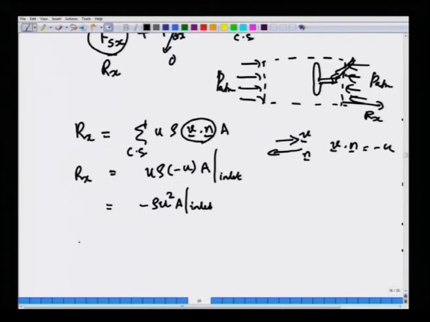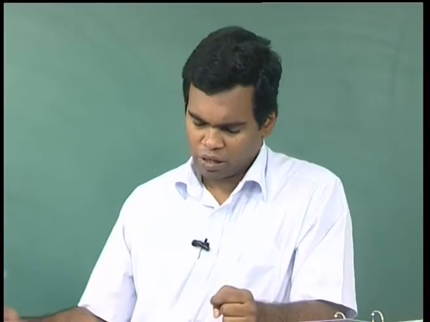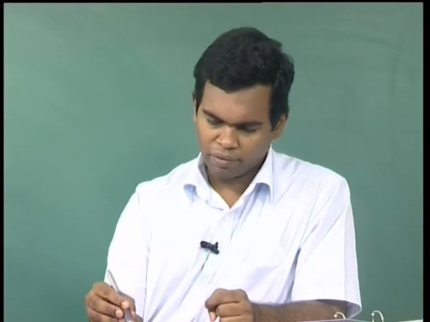Okay. So, R x: since we know the density of the fluid, and the average velocity with which the jet is impinging is given, and the area of the jet is the area of the nozzle. This is an assumption that the jet is not thinning down as it impinges, which is a reasonably good assumption to make.